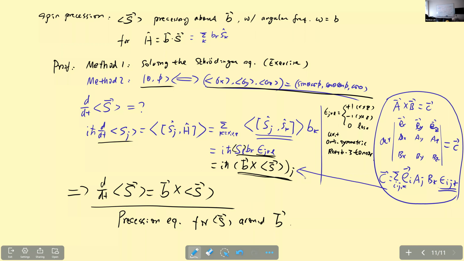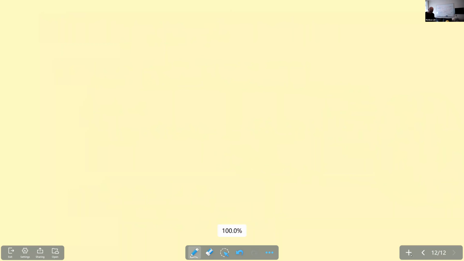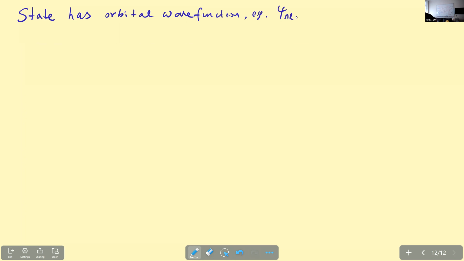So that's more or less about the spin states, right? So now we have a state that has an orbital wave function, for example psi n l m of r, theta, phi, right?